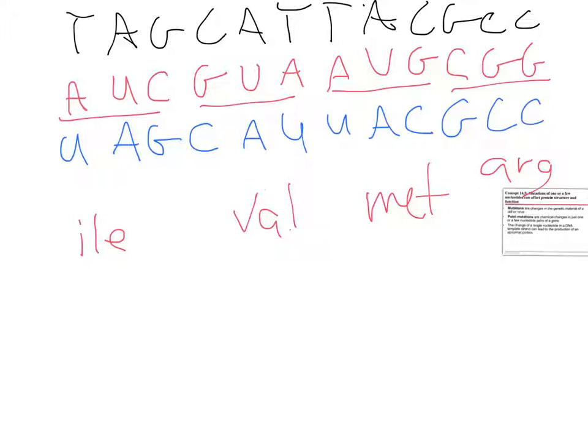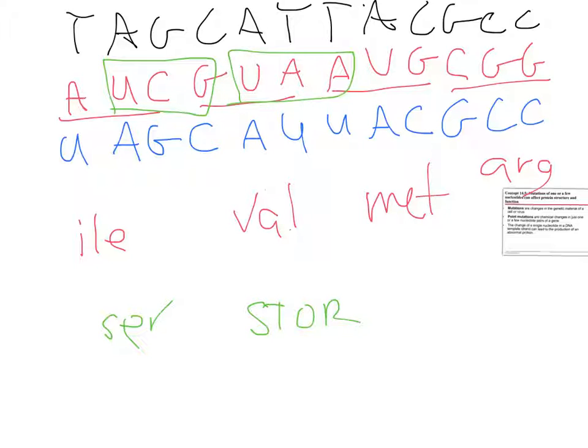What happens if we move the ribosome over one? So instead of starting at the A, we're going to start at the U. What is this codon then? UCG. What amino acid is that? Serine, SER. UAA. That's a stop.